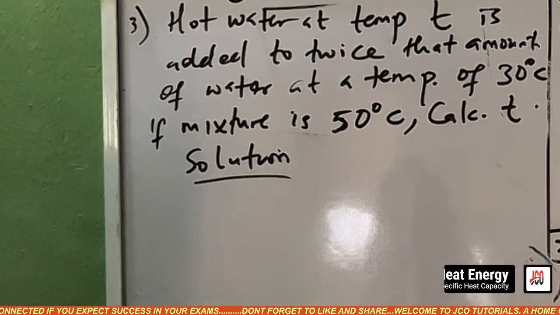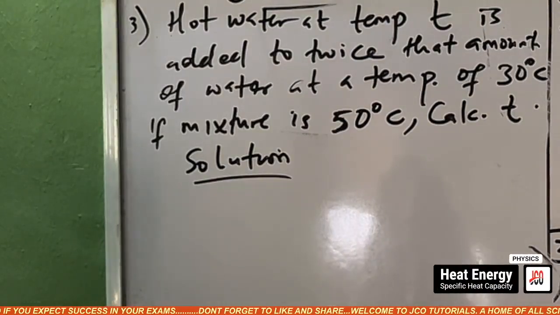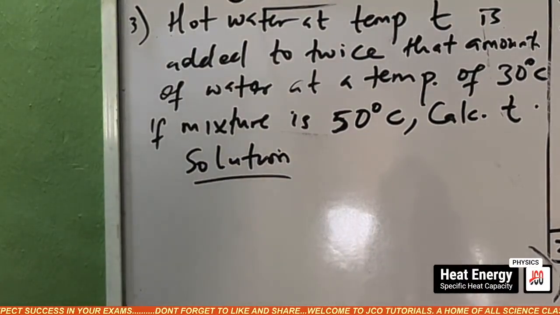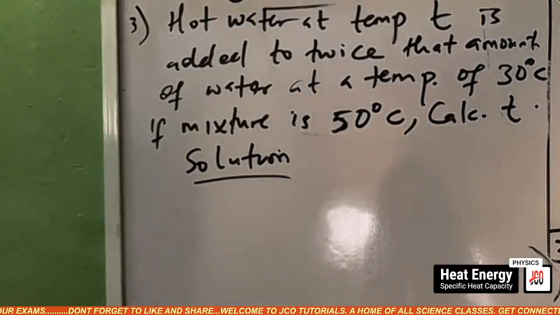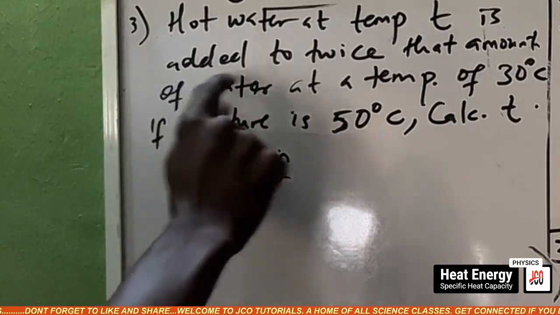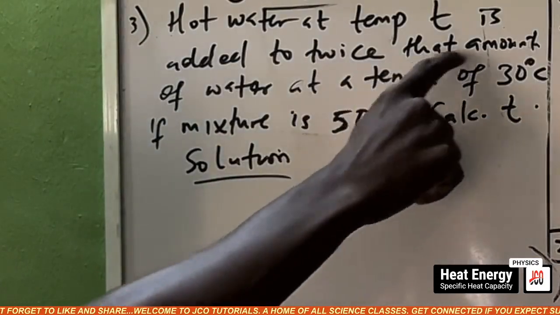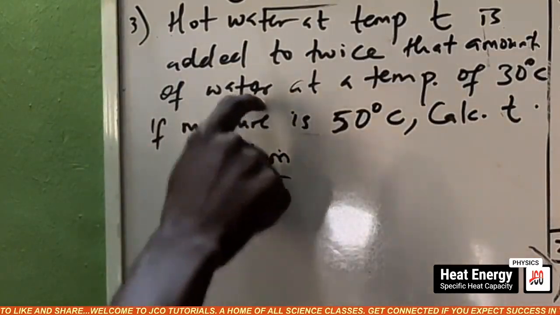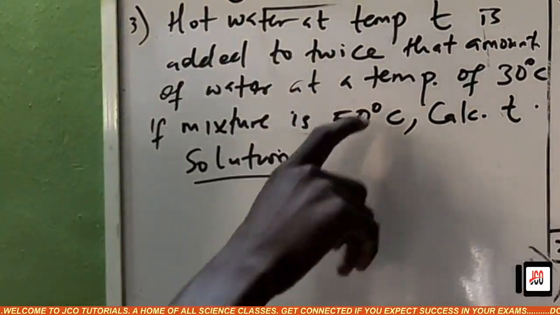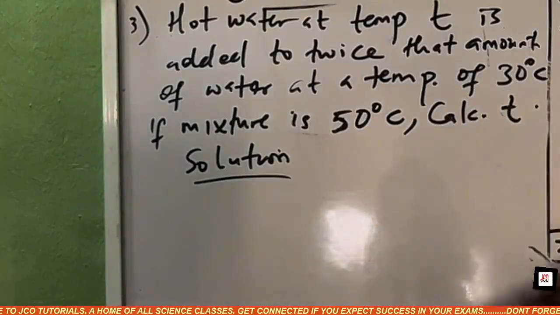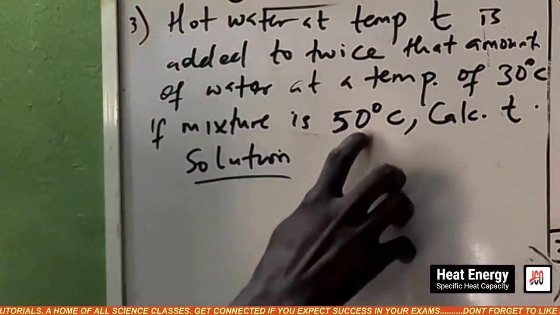Hot water and another water, which will be cold, because you say hot water is at a particular temperature. We don't know the temperature, but we know it's hot. You add it to twice that amount of water, twice the size of the water before, at the temperature of 30. 30 degrees cold. Then when you mix them, you get 50.